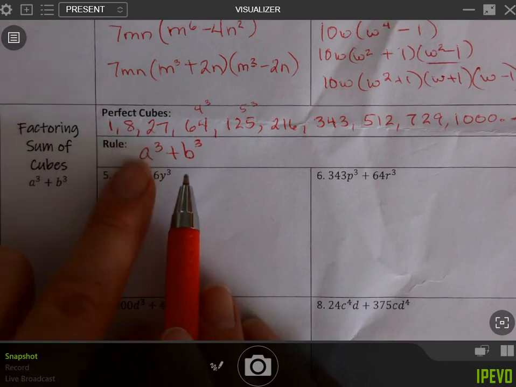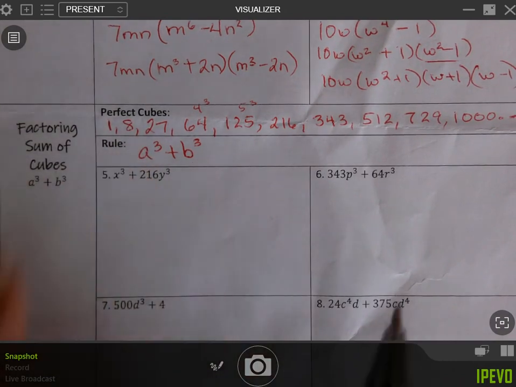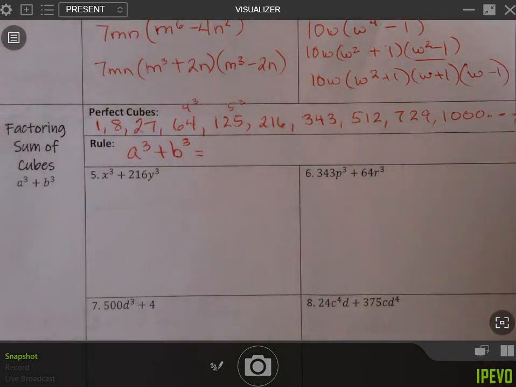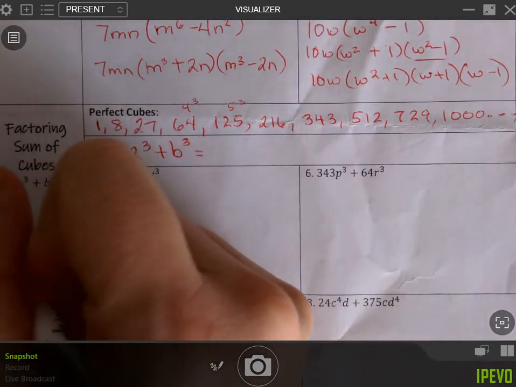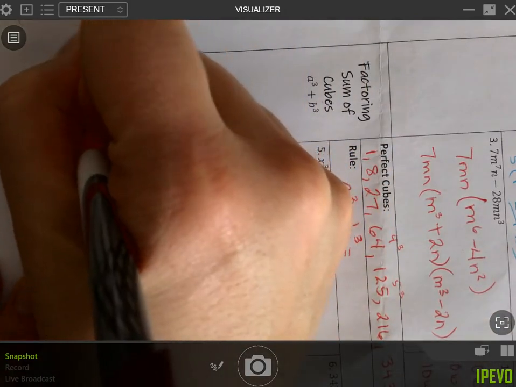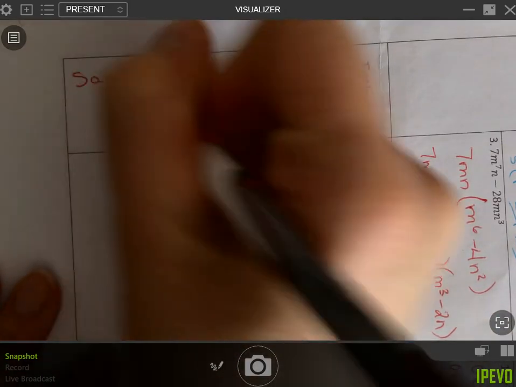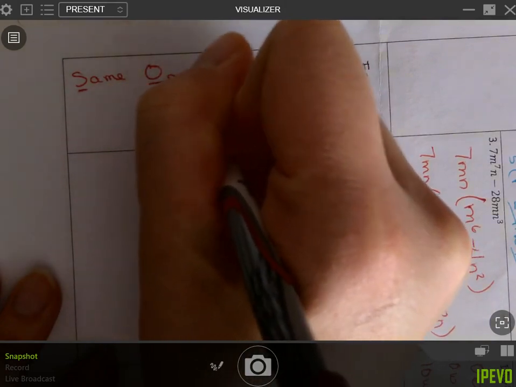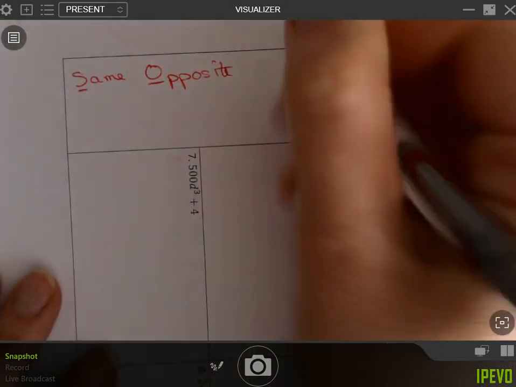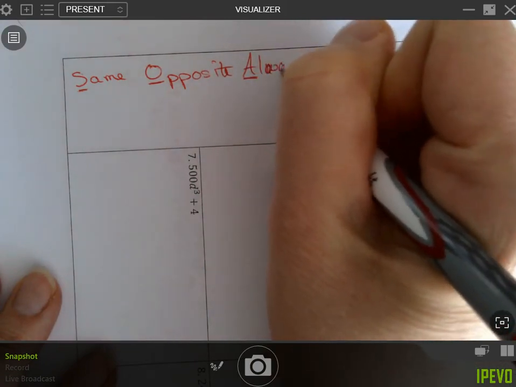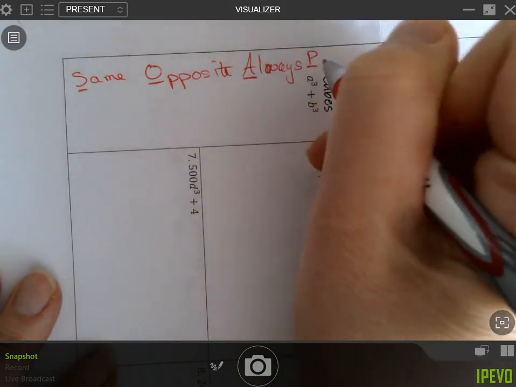So notice I have a cubic number plus a cubic number. Now, this breakdown, we use the term SOAP. So I'm going to write SOAP over here, sideways so I have room to write. SOAP stands for S for same, O for opposite, A for always, and P for positive.